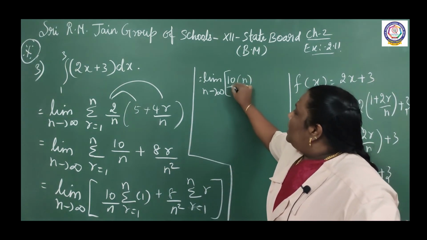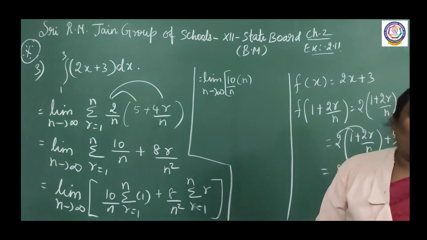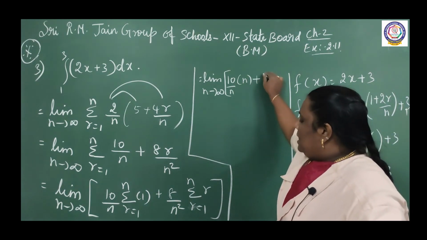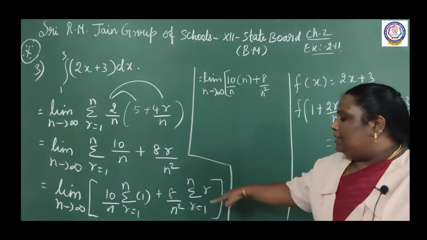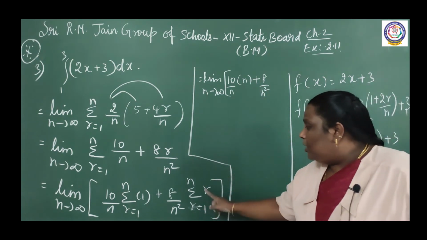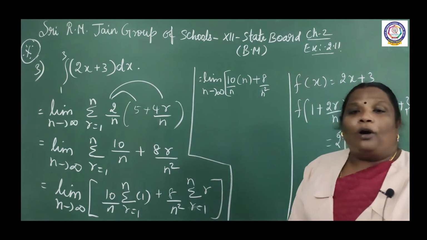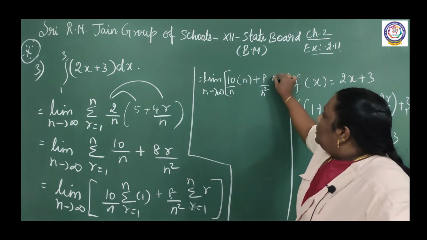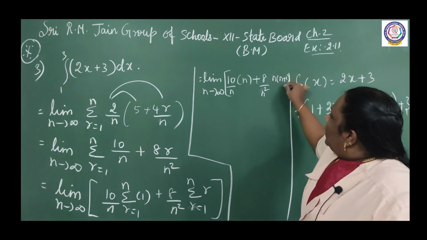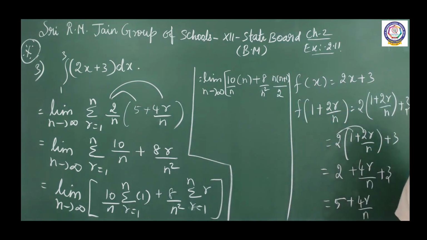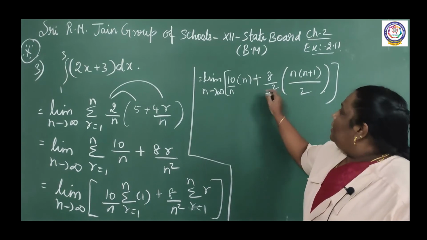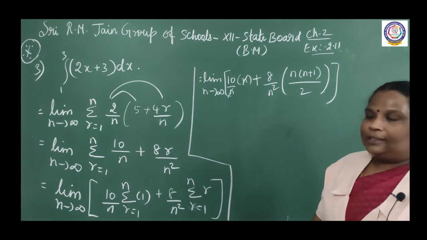n, 10 by n, the value is n plus 8 by n square into sigma r equal to 1 to n. What is the value of sigma r? n into n plus 1 by 2. See, n gets cancelled.